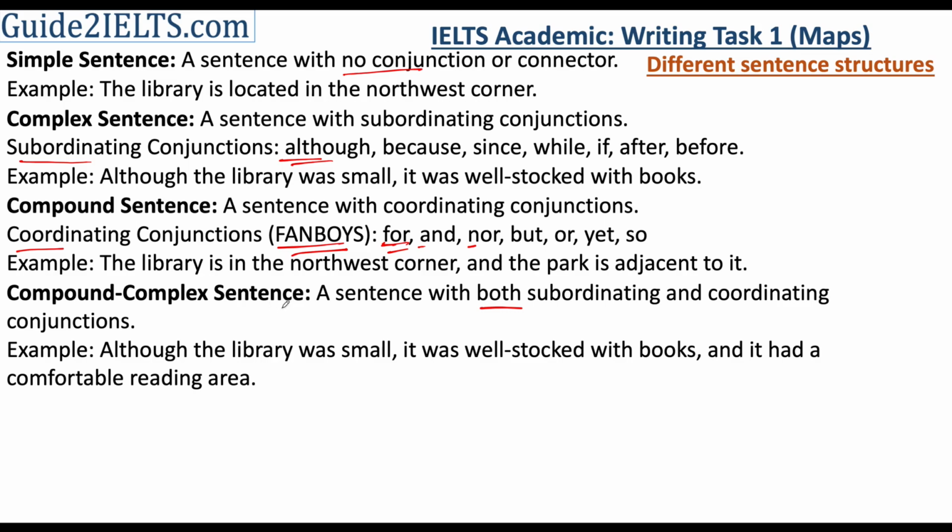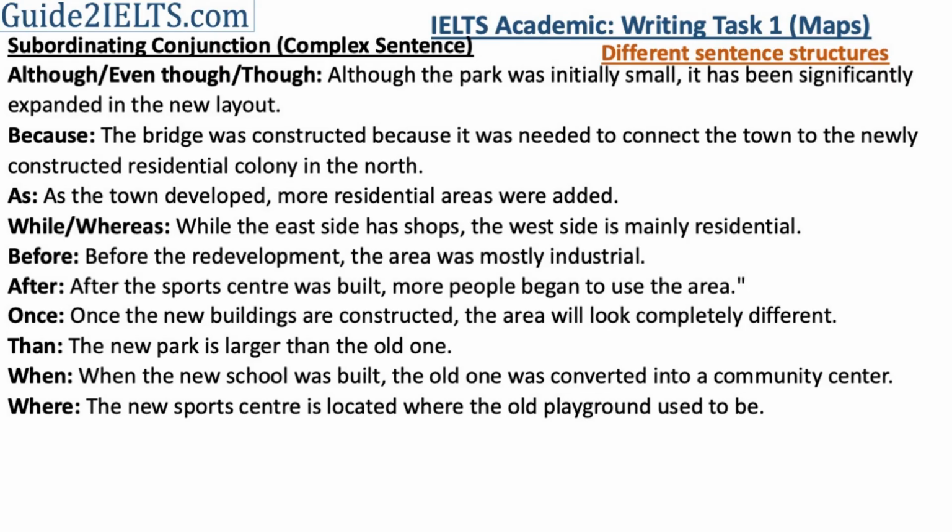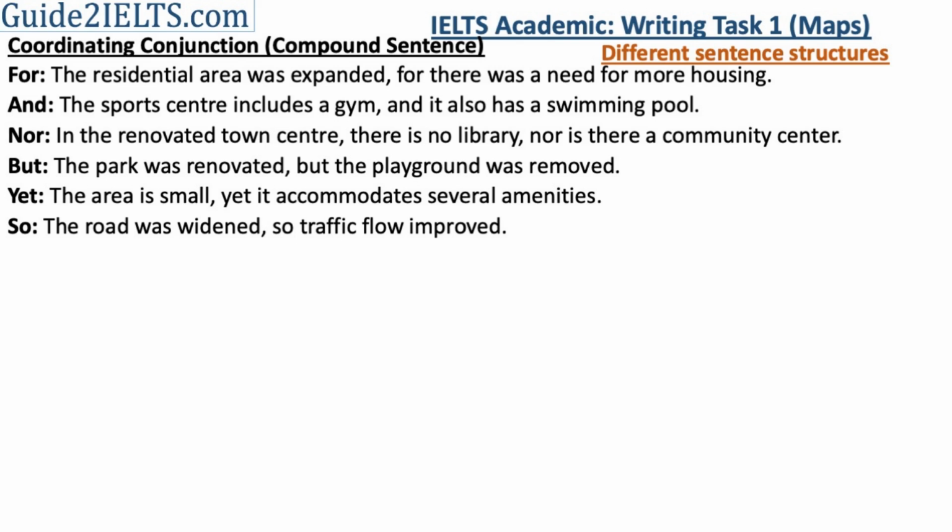Some subordinating conjunctions that can be particularly useful for describing changes and comparing different time periods or developments on maps are although, before, after, when, where, whereas, etc. By incorporating a mix of simple, complex, compound, and compound complex sentences, you can enhance the clarity and variety of your writing, contributing to a high band score in the IELTS Writing Task 1 academic map questions.